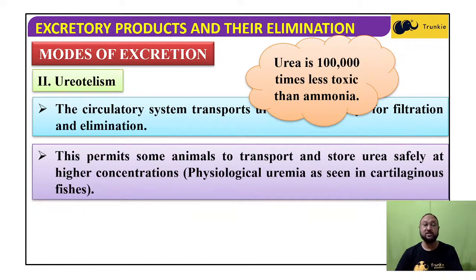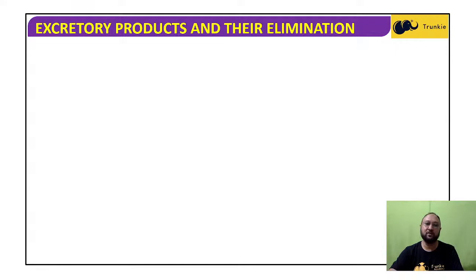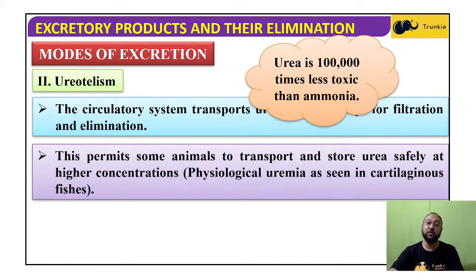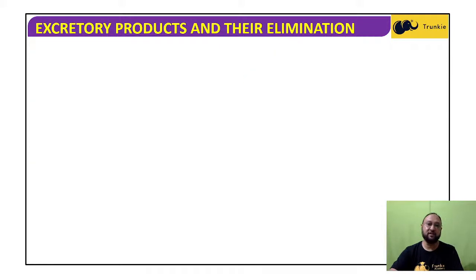Just imagine. Even though urea is toxic, it is not as toxic as ammonia, because ammonia is 10,000 times more toxic than urea. So this permits animals to transport and store urea safely at higher concentration. This is called physiological uremia, as in some cartilaginous fishes.